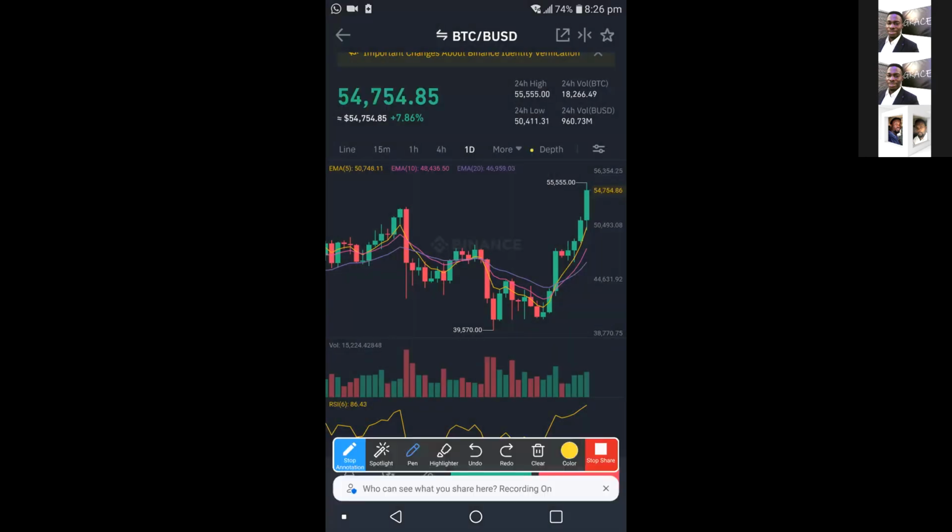You buy when the coin is low and you sell when it's high. That's basically what cryptocurrency is about. That's how you make money in crypto. Let's say you bought when it was 39,570, like here, and you're selling at 55,500, you're making profit.